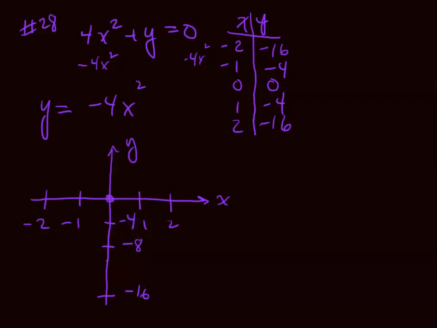So, let me plot some points. 0, 0. -2, -16. -1, -4. 0, 0. 1, -4. And 2, -16. And then connect the dots.